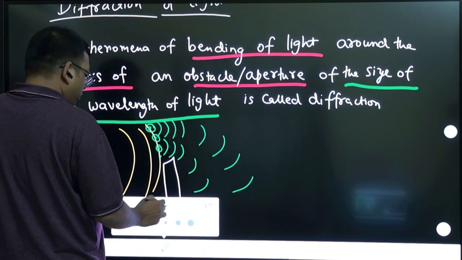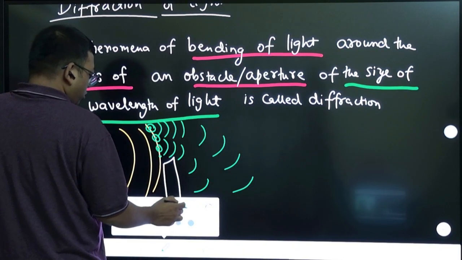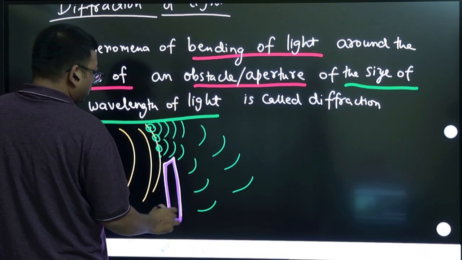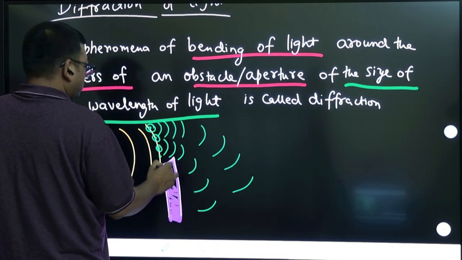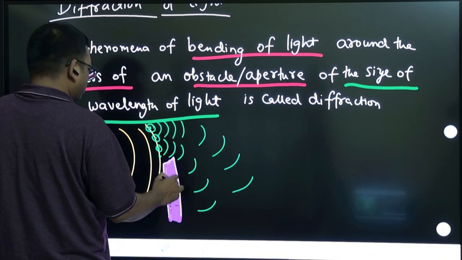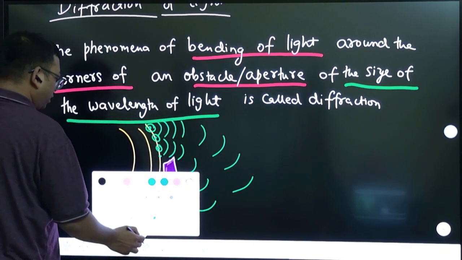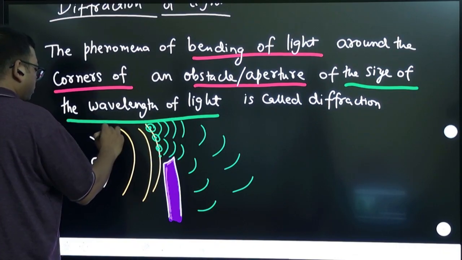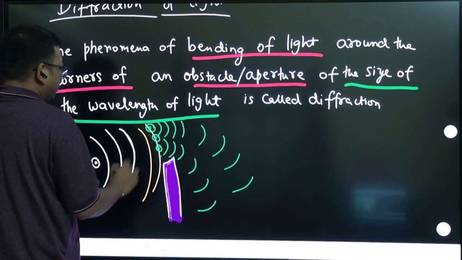So although the obstacle is limited here only, this is the obstacle. I have taken an example of an obstacle here. The ray of light which is coming here, I have taken a point source. Suppose this is a point source of light. So the spherical wavefronts are coming like this.